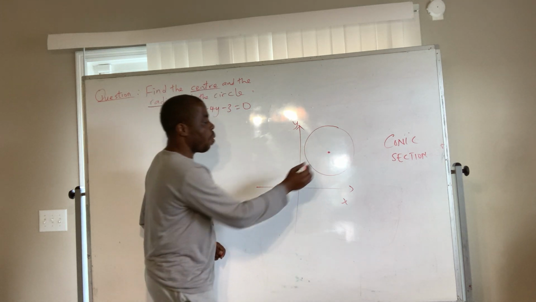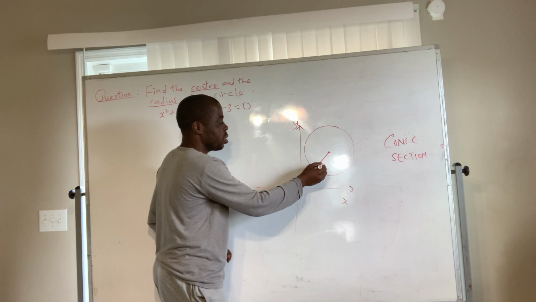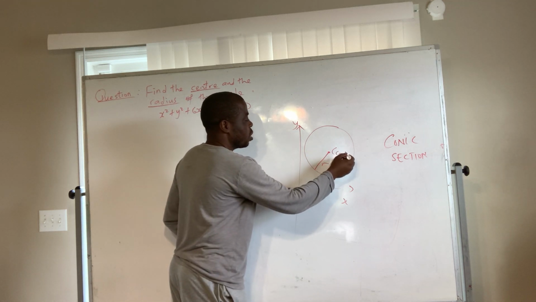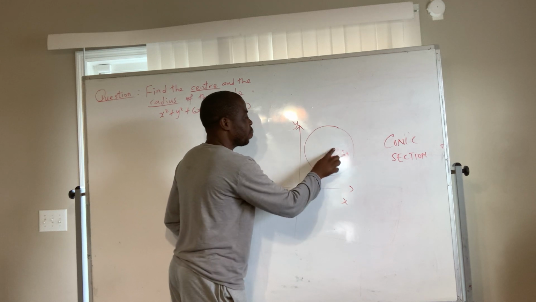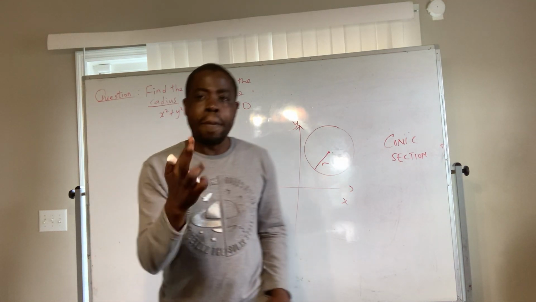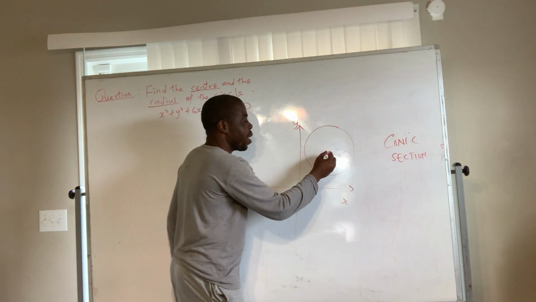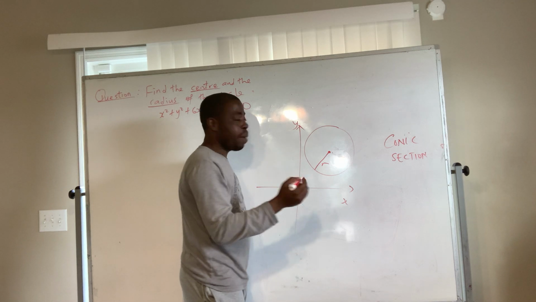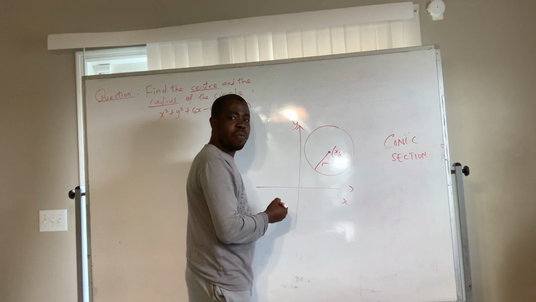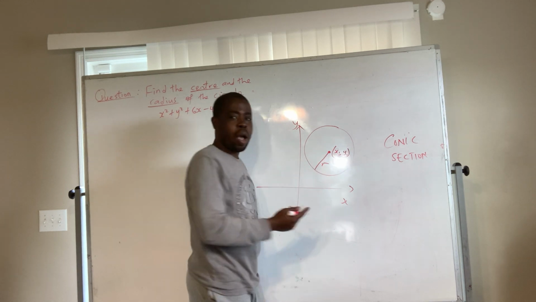Now, this point is the center of the circle. This is the radius. And this is the center point. And remember, in a 2D plane, a point is specified by two values, x values, x1, and y values, y1.